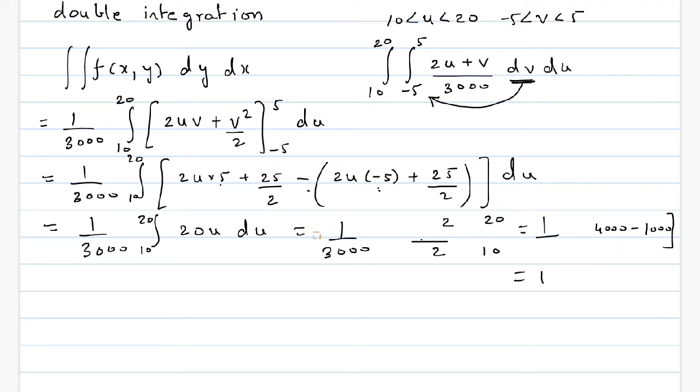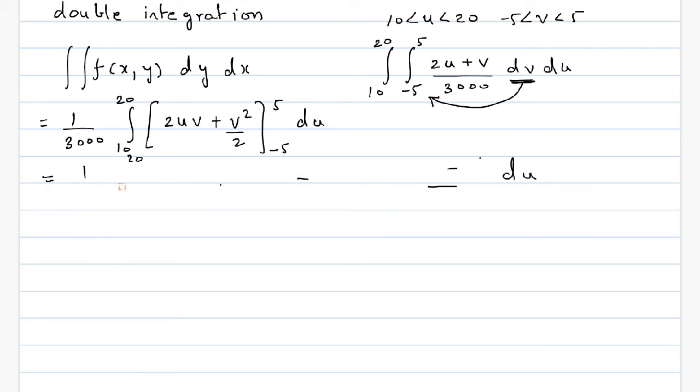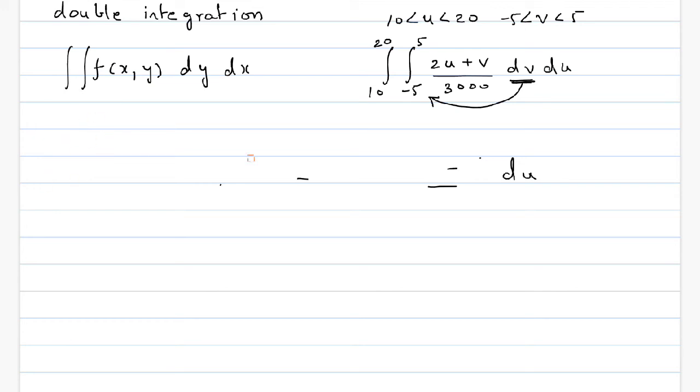Now we'll see the other way around. In this case, what we did was we integrated with v first. Now what if we integrated with u first? We'll see that. So I can write this as integration -5 to 5, 10 to 20, of (2u plus v) upon 3000, du dv.